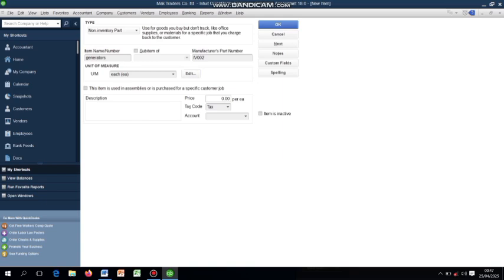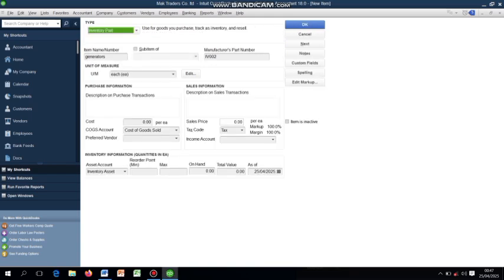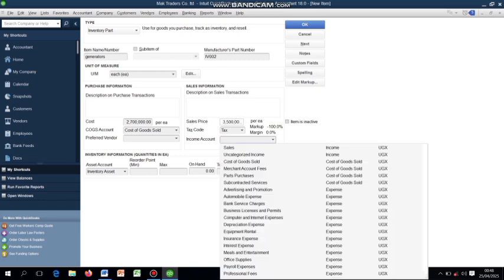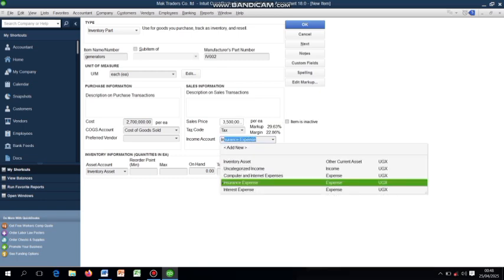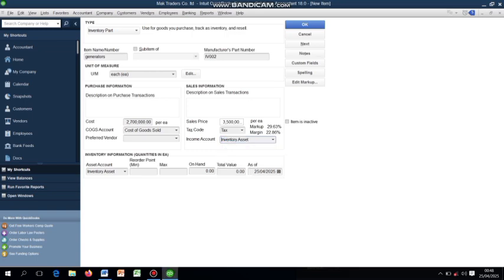I'm sorry, this is also an inventory part. I had forgotten. So I come to the purchase information. The price is 2.7. Then its selling price is 3.5. The account associated with this is still inventory. That's it. So how many will I have on hand? There are 6 as of that date.